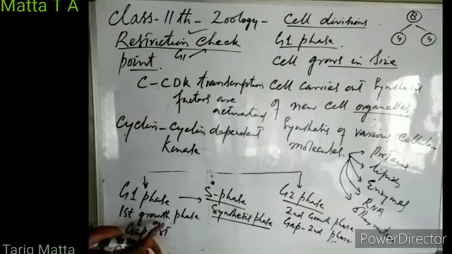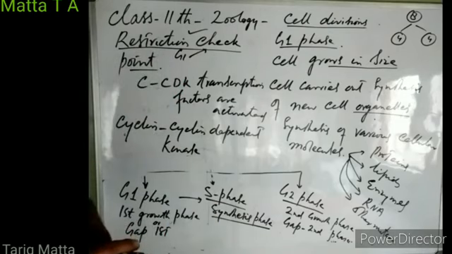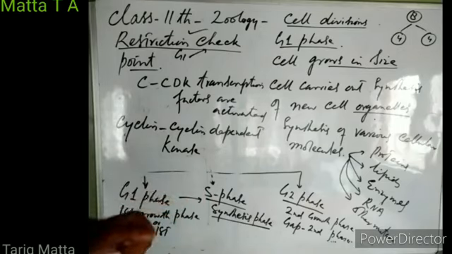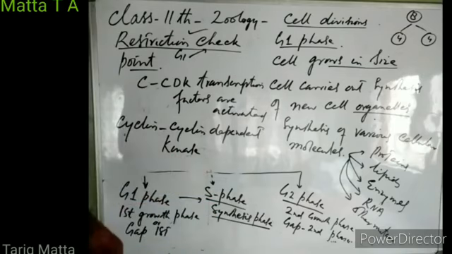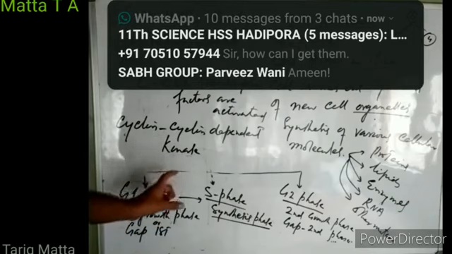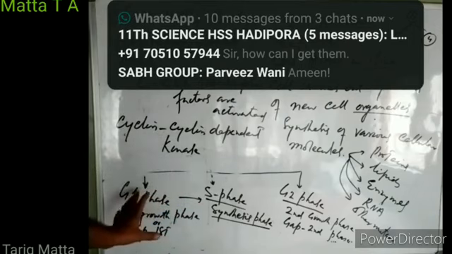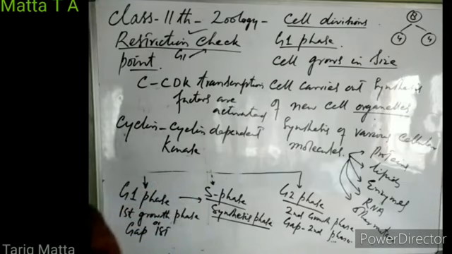So at the end of this G1 phase, a cell has to pass through this restriction checkpoint. So it is ensured whether the cell is ready to go into S phase or not. If the cell is not ready, then it is stopped and not allowed to enter into S phase. When all the required chemicals, enzymes, proteins, etc. are present in the G1 phase of the cell, then only the cell is allowed to enter into S phase.